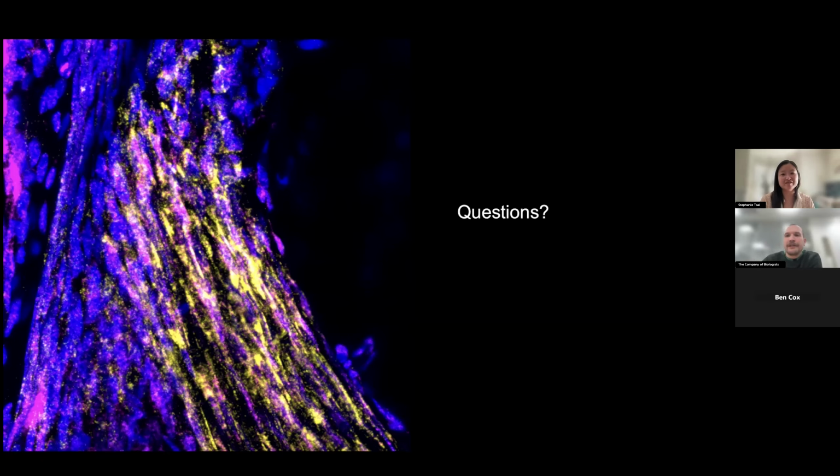Okay, we actually have a question from your co-speaker today, Ben, who's asking what ECM changes you see during regeneration. Are there changes in collagen subtypes, which has been seen in spiny mouse skin regeneration? Yeah, there are a lot of different collagens in different parts of the tendon, actually. Collagen 5, for instance, goes up substantially.